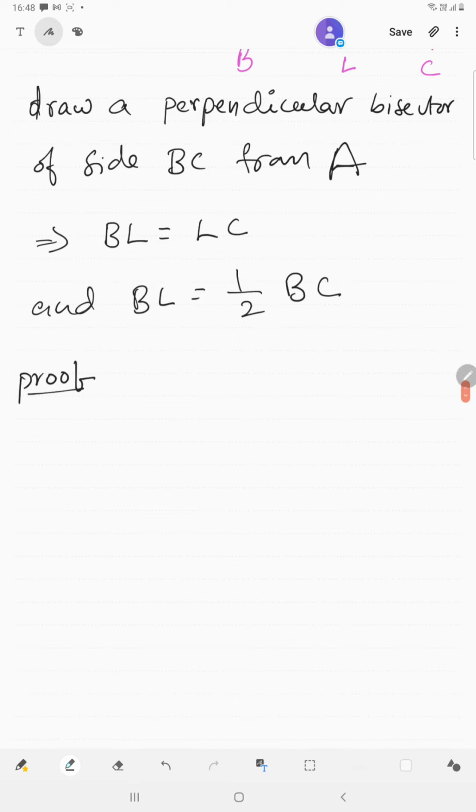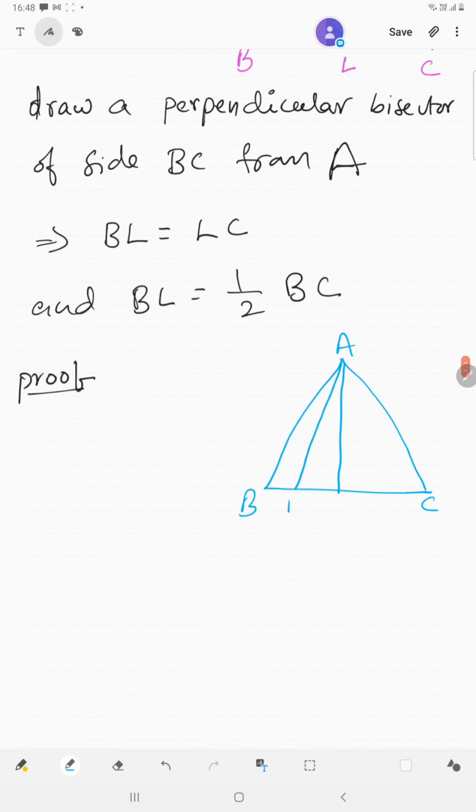So again I am drawing this triangle completely. So this is a triangle. So this is A, this is B, this is C, D already it is given, and this is L हमने लिया है, and this is 90 degrees का फॉर्म हो रहा है.